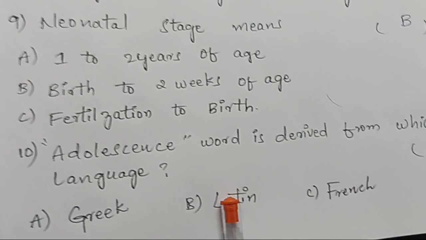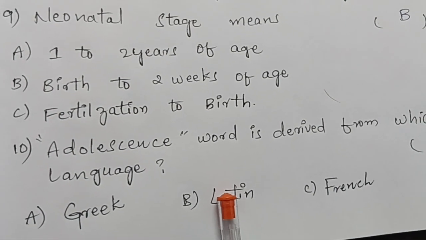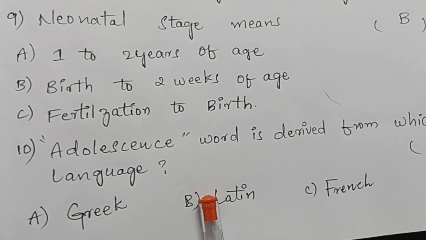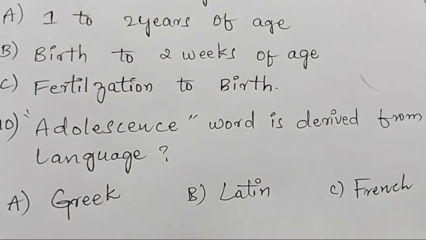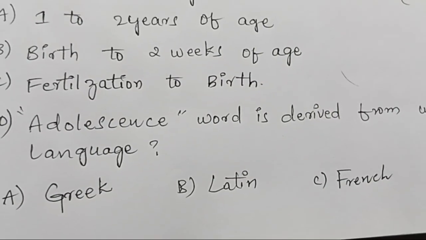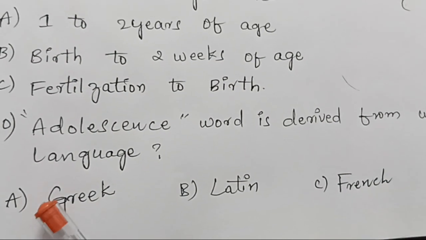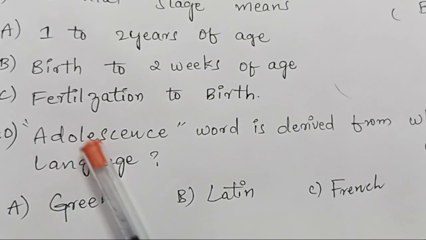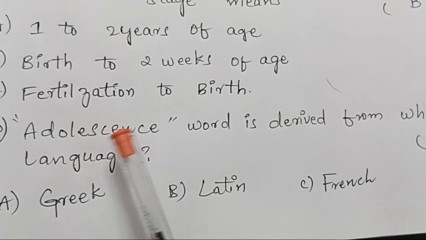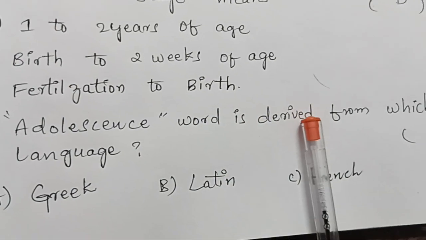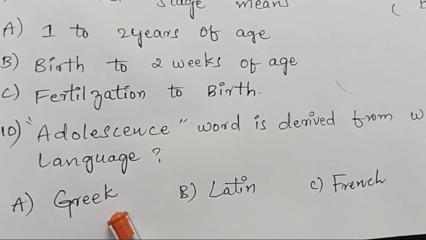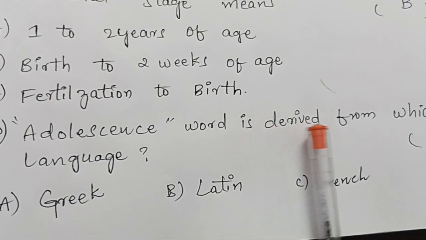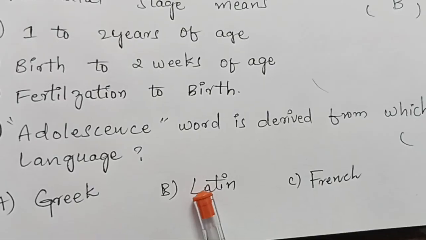Adolescere, which means to grow into maturity. We learned this from our previous videos. Adolescence is an English word which is derived not from Greek language, not from French language. The word adolescence is derived from a Latin word.